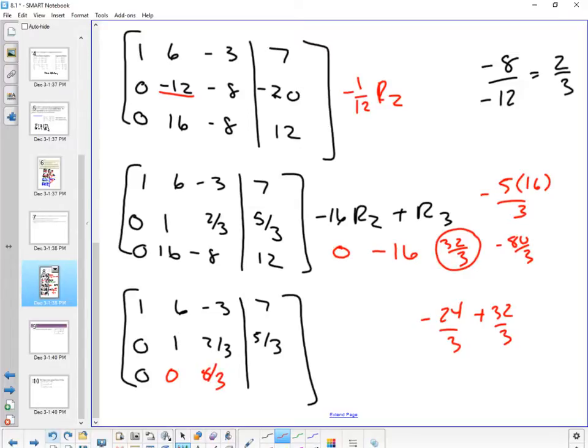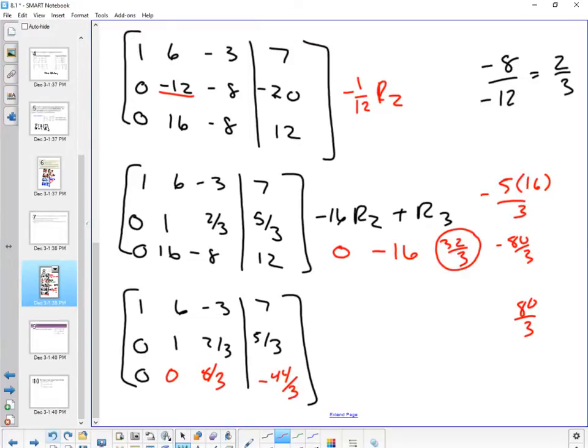8/3. And then finally, what's the other one? Negative 44/3. I think. Somebody please check.